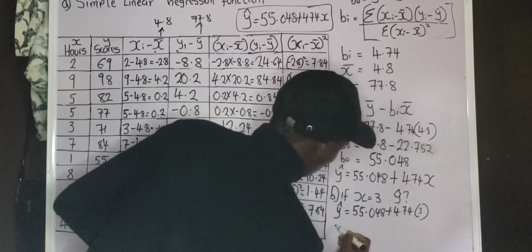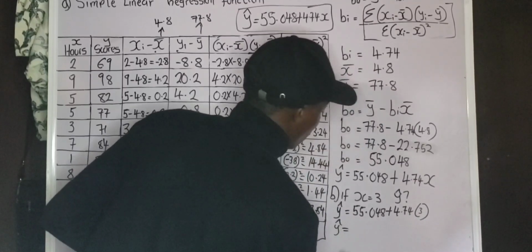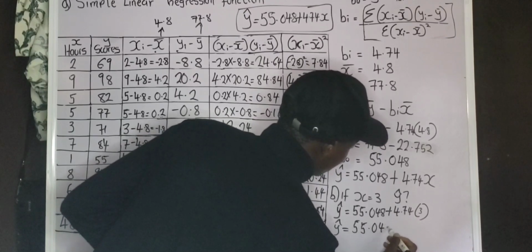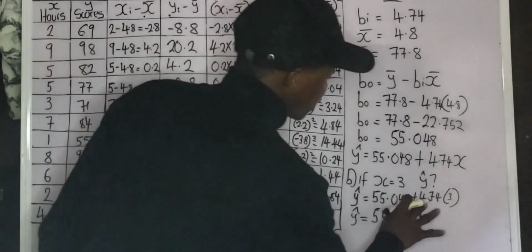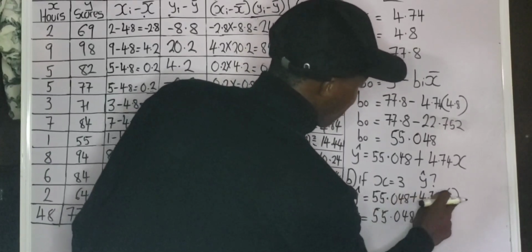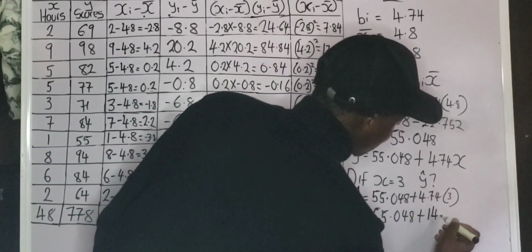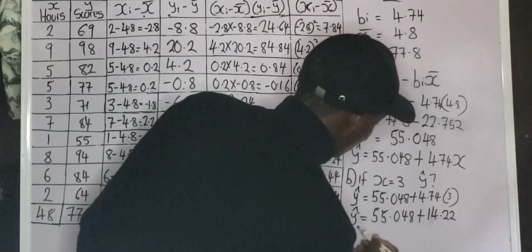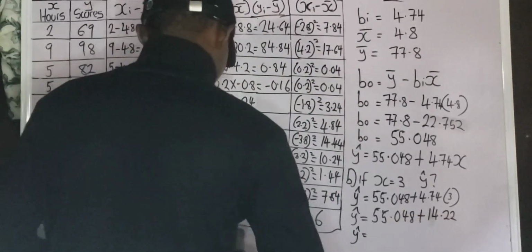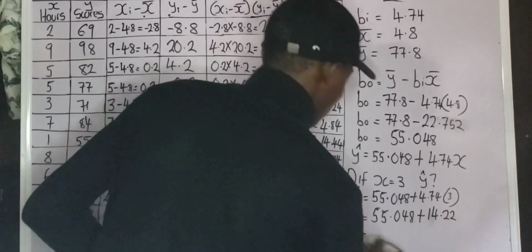You understand? So the predicted value of y is equal to 55.048 plus 4.74 multiplied by 3. 4.74 multiplied by 3 gives us 14.22. You understand? So the predicted value of y, if you add this together, you are going to get 69.268.